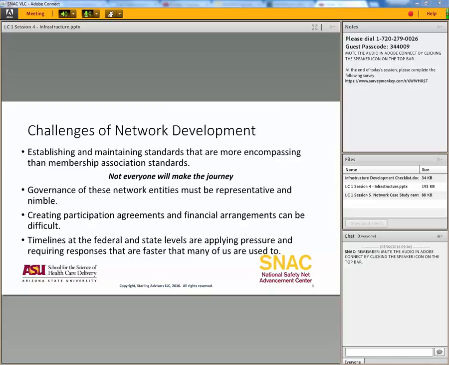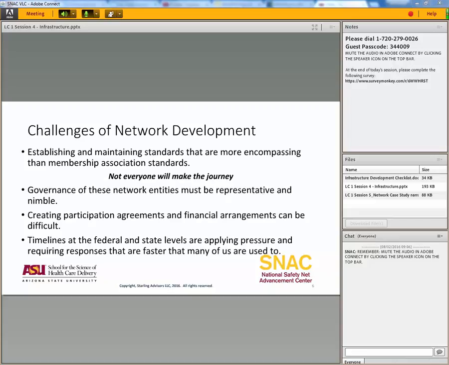A couple of things to note in terms of how these networks work. We've talked already about the fact that most networks will need to establish or maintain some level of standards that are typically more encompassing than the standards that we associate with membership associations.